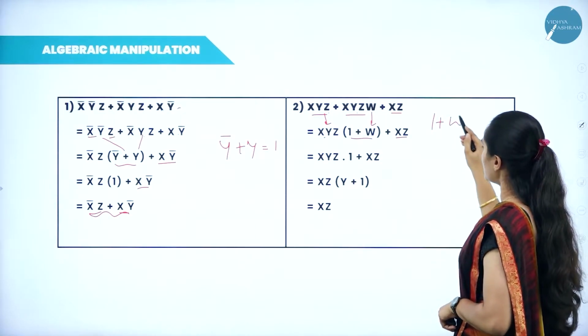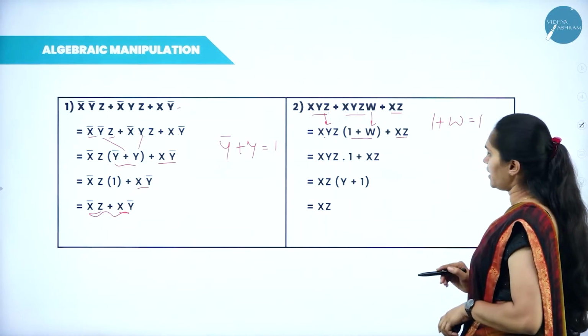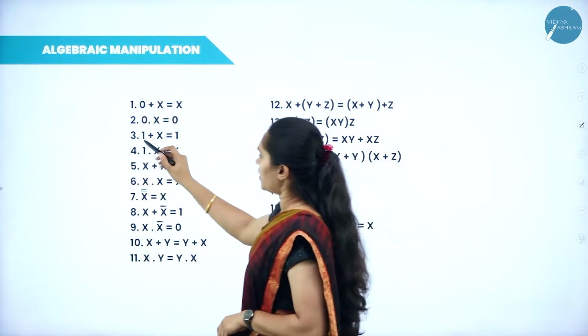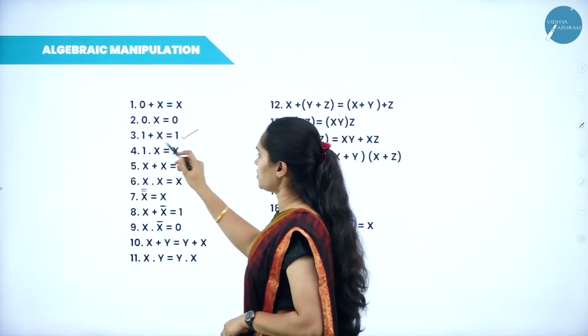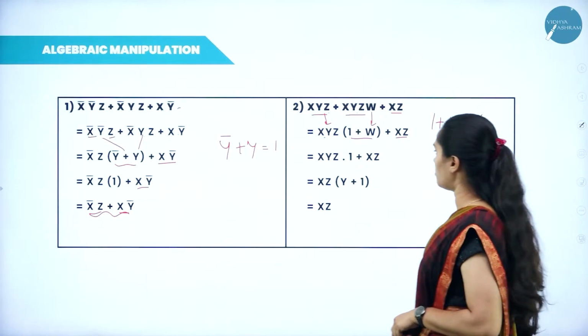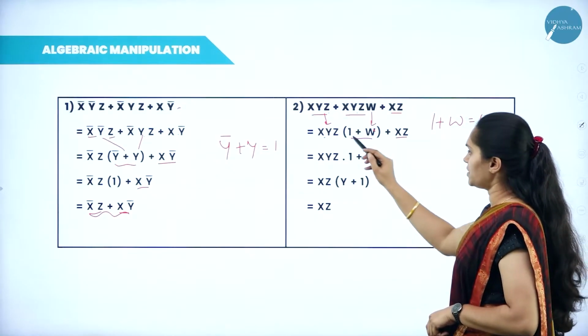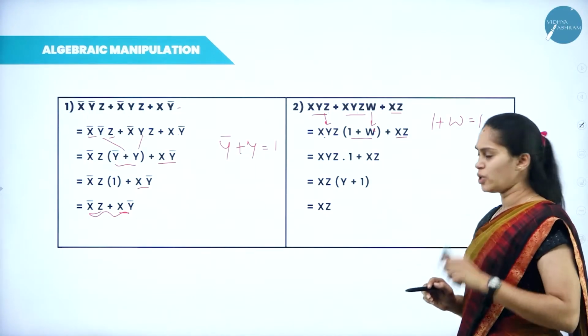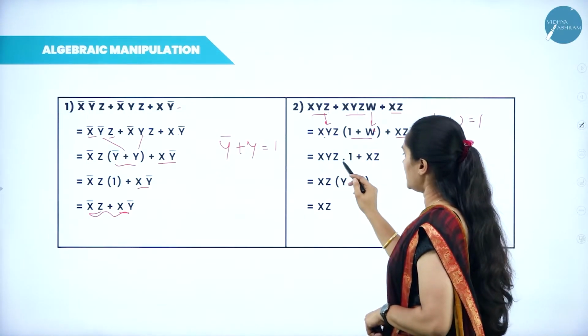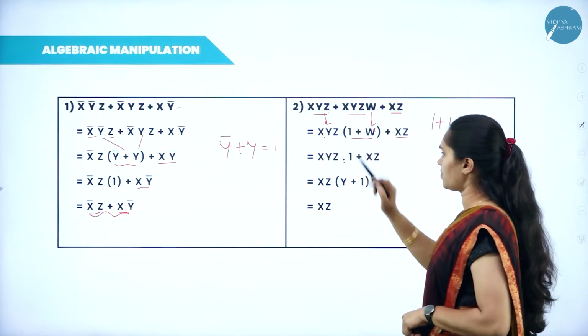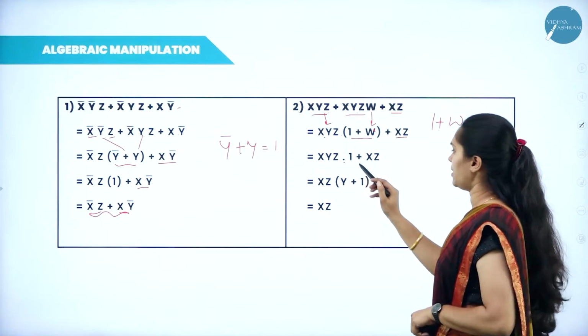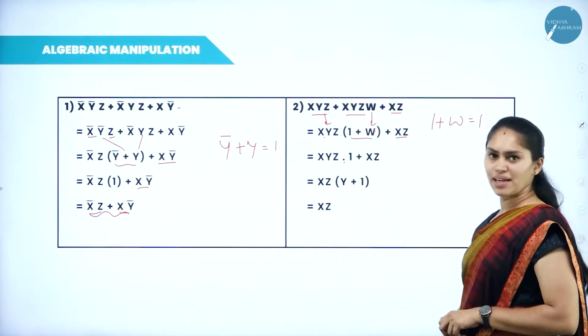So 1 plus w is equal to 1 itself. So xyz into 1, that means we have a product here, plus xz as it is.